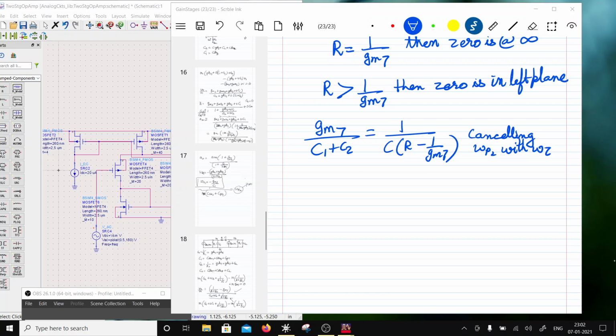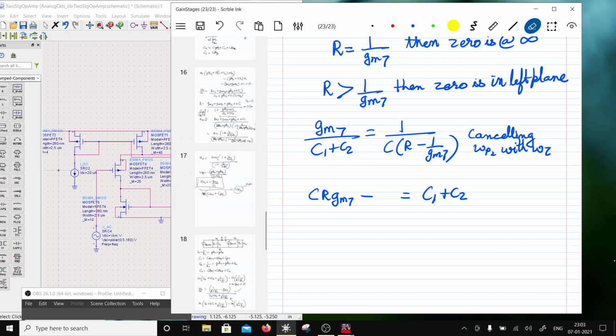So I'll cross multiply. You have C R gm7 minus of C R is equal to C1 plus C2, isn't it? C R minus, so I'll cross multiply it, right? So C R into gm7, and this will be C minus C. So I did a mistake here, just one second.